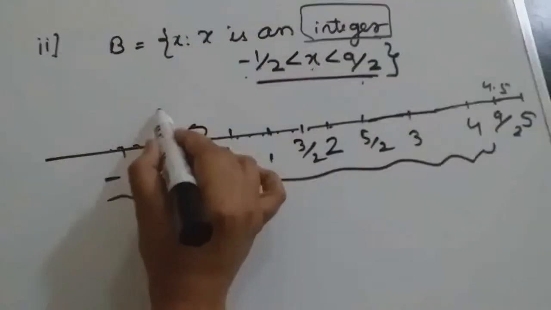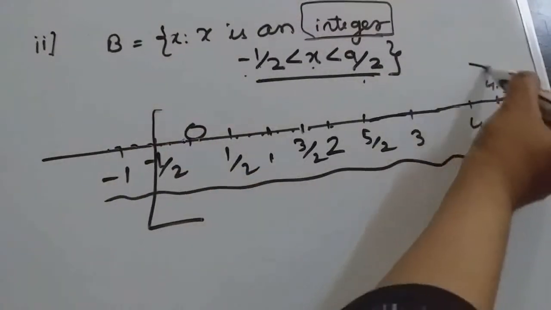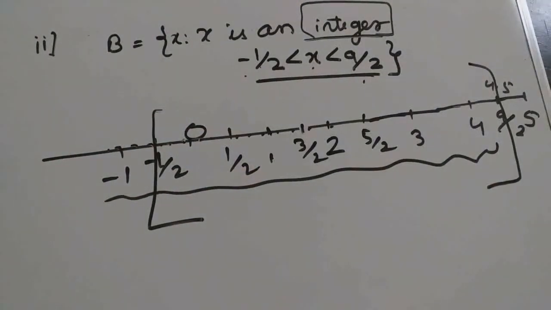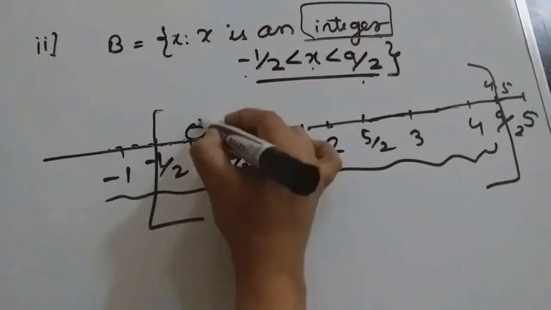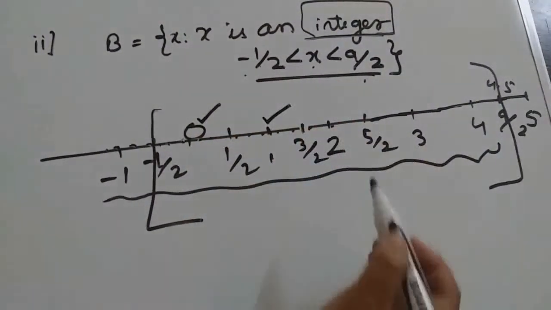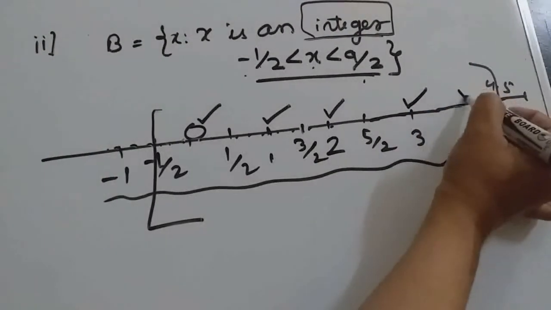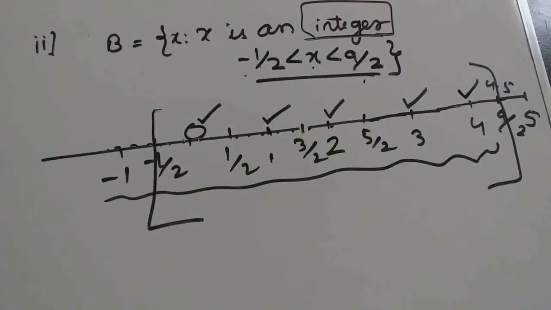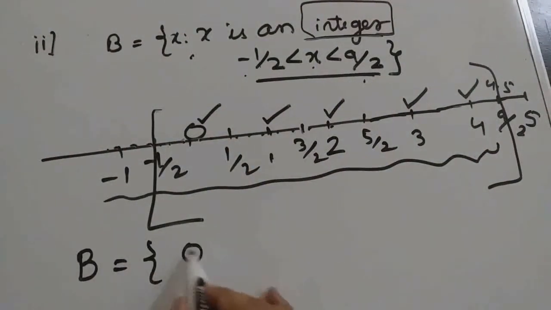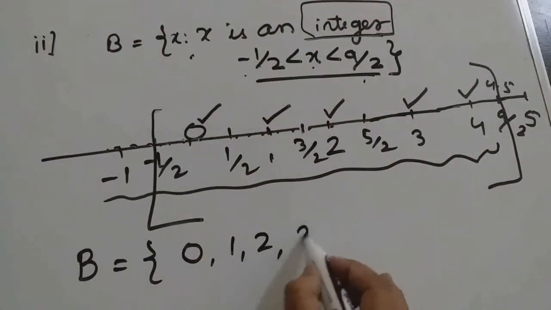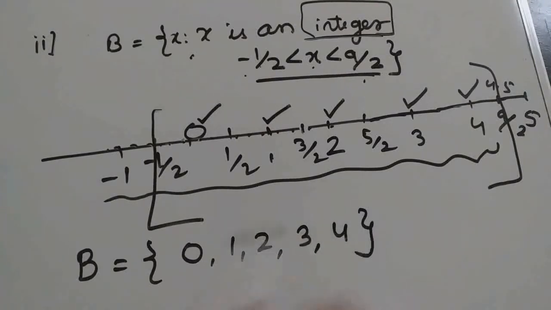So between -half and 9/2, what are the integers here? 0, 1, 2, 3 and 4. Isn't it? So elements for this set B will be 0, 1, 2, 3 and 4.